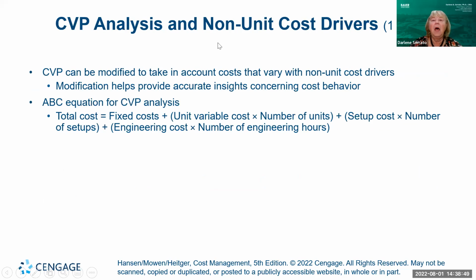So non-unit cost drivers using ABC. Remember, we are using different ways of applying overhead, but you still have to come up with a cost associated with applying the overhead that will be part of the variable cost, okay?